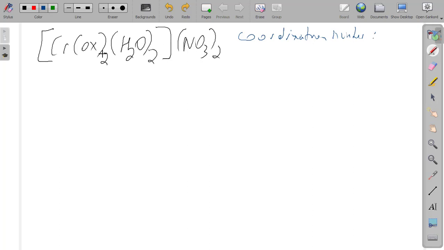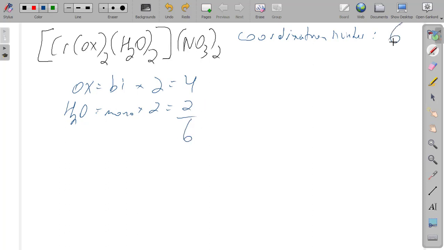So again, we're only looking inside. Ox is bi, and there's 2 of those. H2O is mono, and there's 2 of those. So add this up, and that gives you 6. Coordination number is 6, because each ox is going to take 2 bites, and each water is going to take 1 bite. And so that's a total of 6 bites.